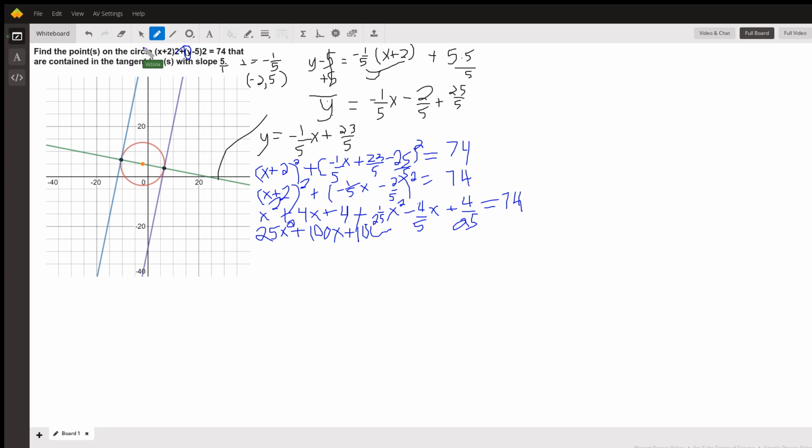That was a mistake. So this should say plus 100. And then when I multiply this by 25, I get a plain old x squared. And when I multiply this one by 25, 5 goes into 25 5 times. This becomes 5. That becomes minus 20.